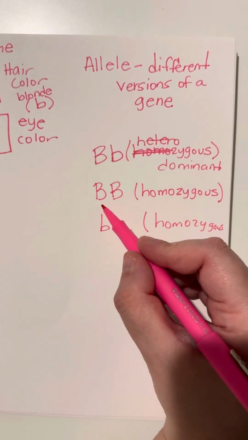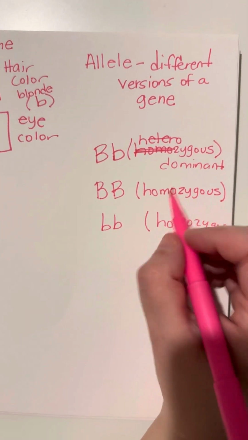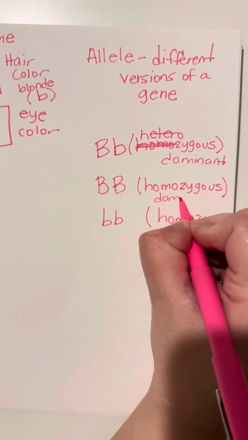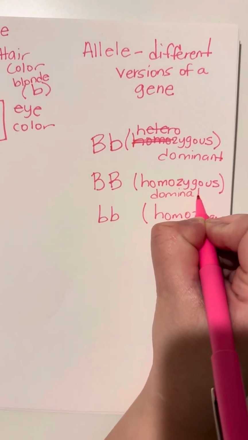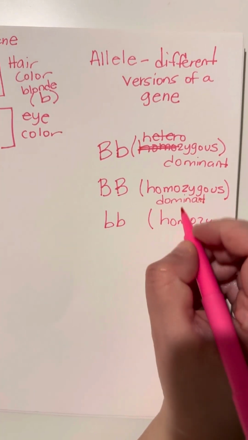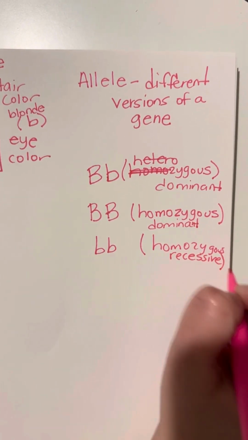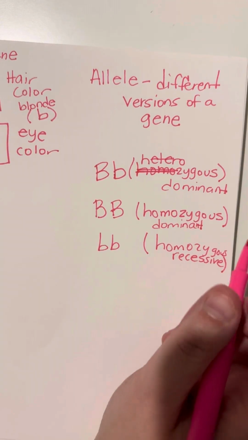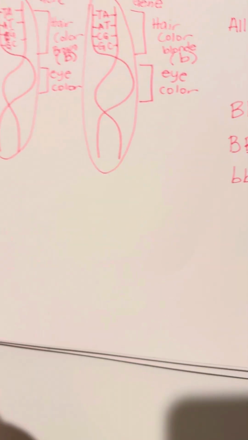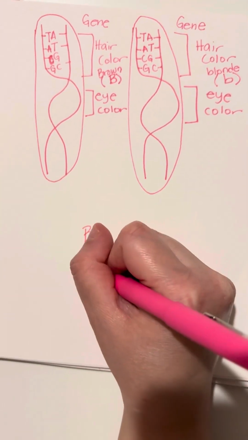Since I have two dominant alleles here, this one would be homozygous dominant, and this one would be homozygous recessive. So if I go back to my chromosome here, I am big B, little b.